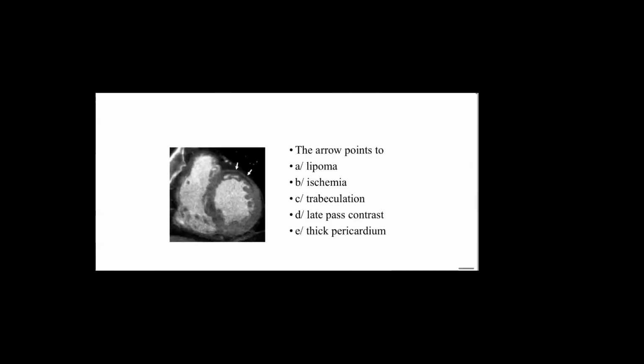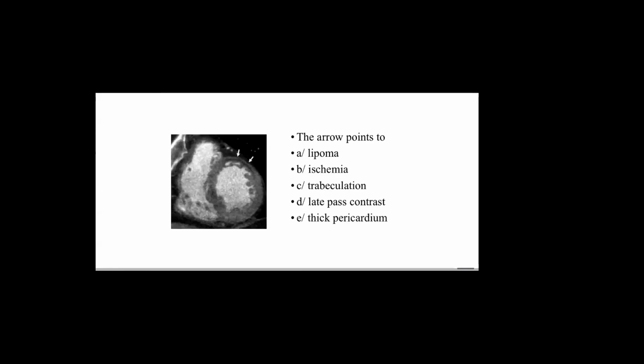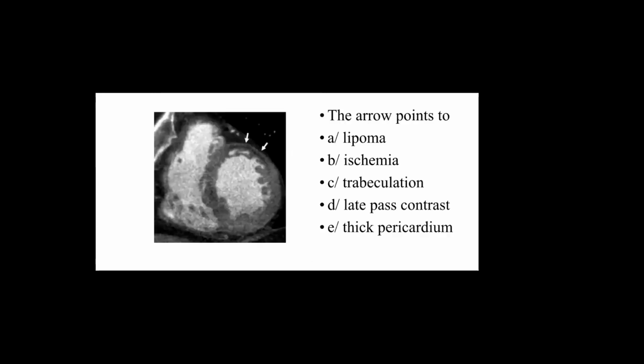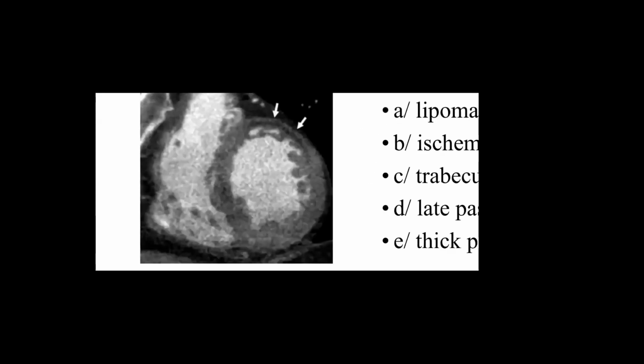Now, the arrow points to lipoma, ischemia, trabeculation, late pass contrast, thick pericardium. Look at it closely. Ischemia, exactly.